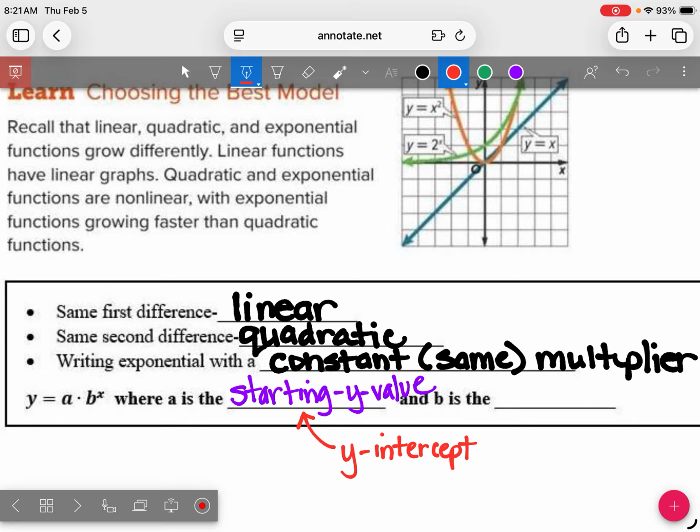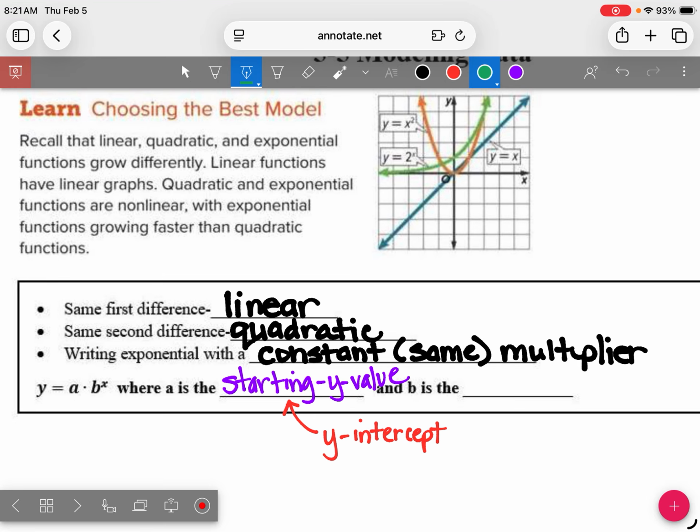So we started the equation with the A, which is our starting Y value. And B, that's our multiplier, or in other words, the number we are multiplying by. The multiplier is whatever number we're multiplying by.